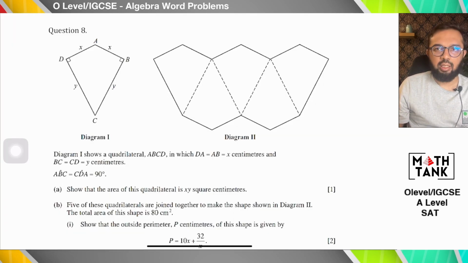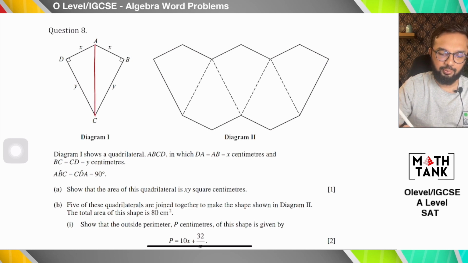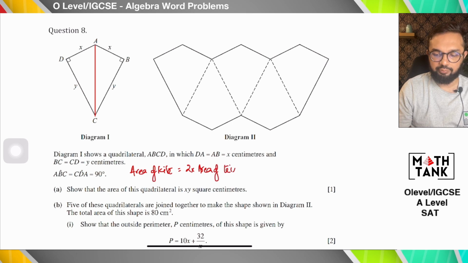So I don't have a direct way of calculating the area of the kite. So I'm going to divide it into two pieces and say that these are two triangles. I can add up the two triangles. So area of kite is 2 times area of triangle.